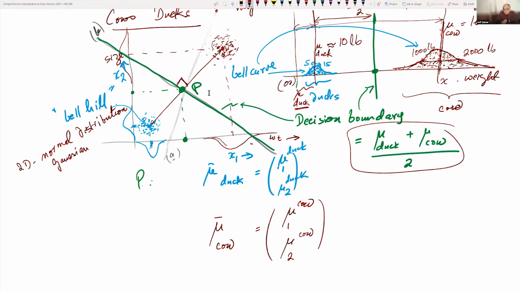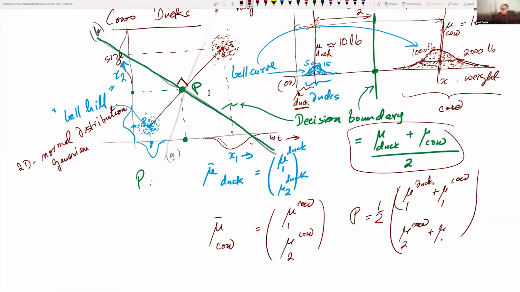And so you're saying that the point P, again with exactly the same reasoning applied, is mu1 duck plus mu1 cow, and mu2 cow plus mu2 duck, divided by two.